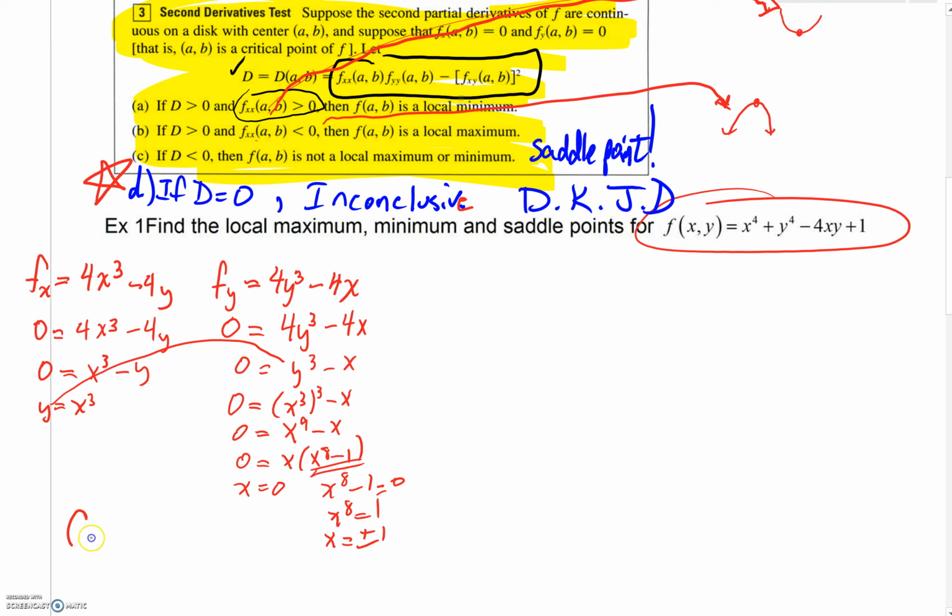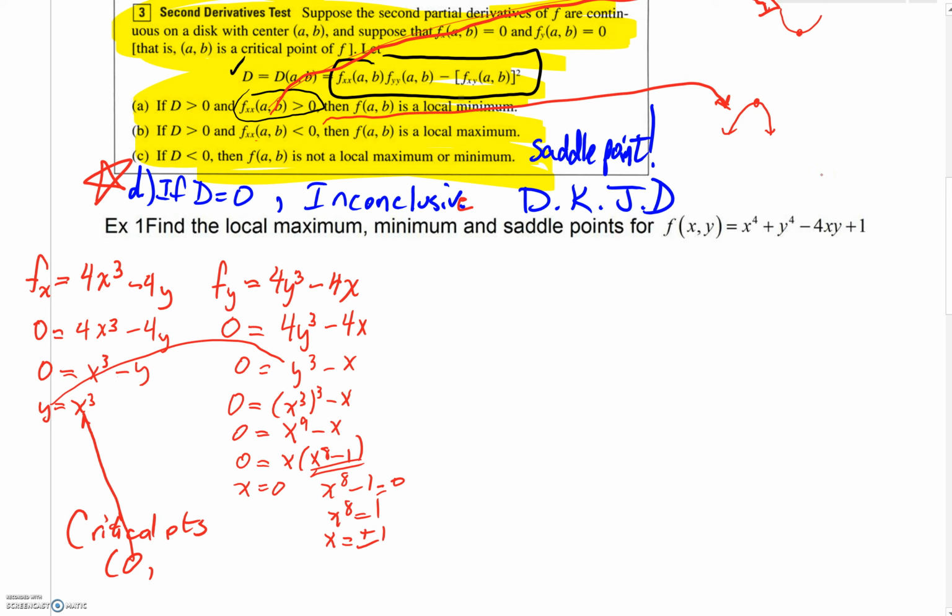Guys, if x is 0, let's just do a little bit of work here with our critical points. Oh, you know what? Pardon me. If we just solve this system, my goodness, we're not plugging in to get a z.